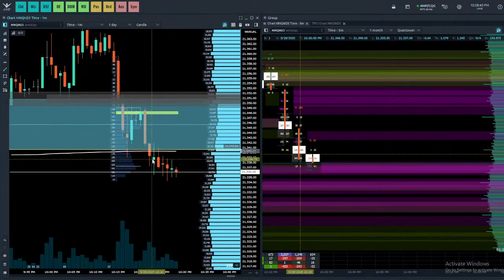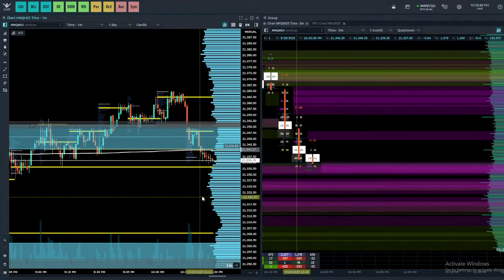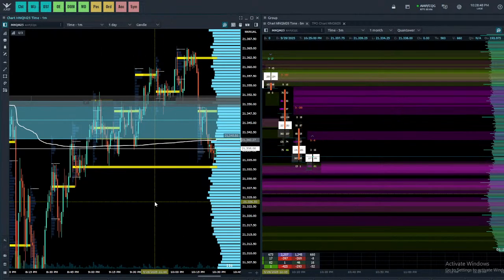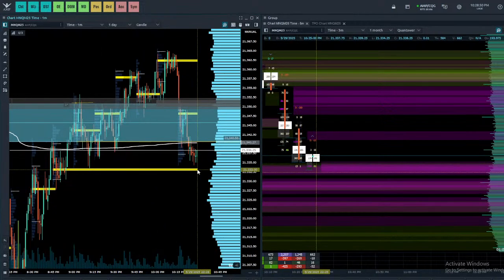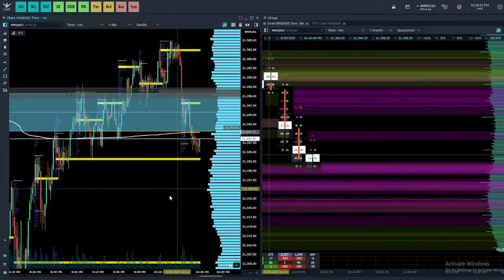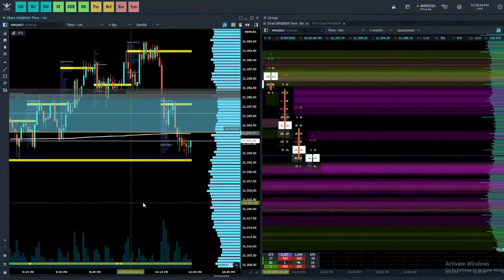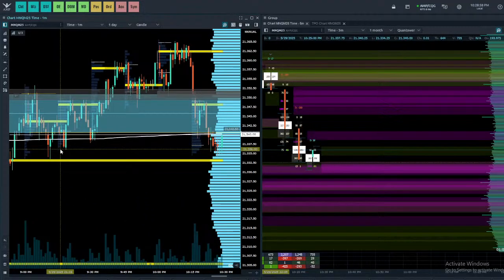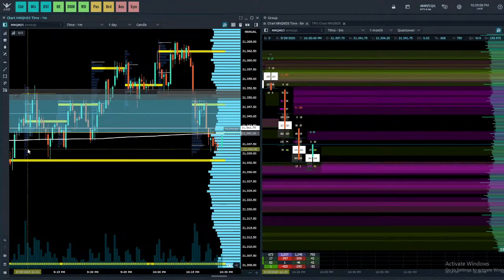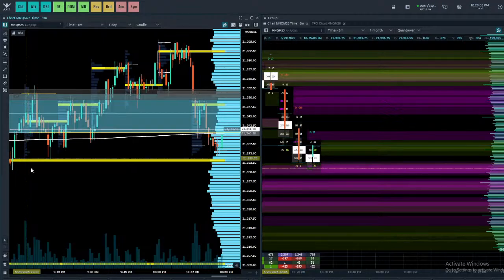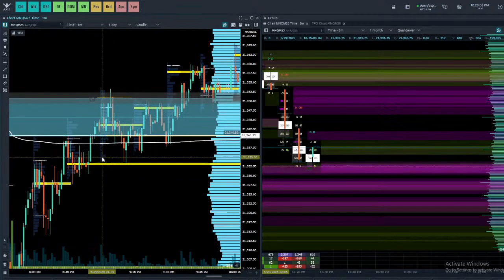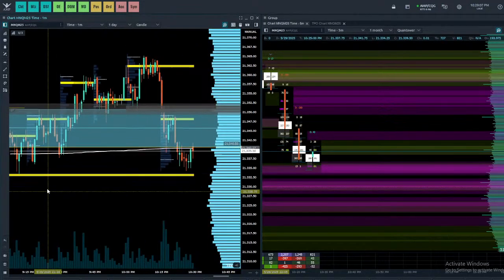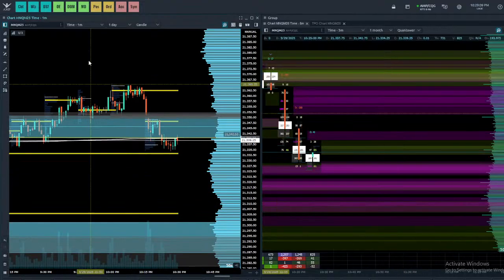Price move down. We got that retest. We got that previous point of control getting tested right here. Boom. This can still be a buy. This whole zone can still be a long, depending on what happened earlier. Hold up.